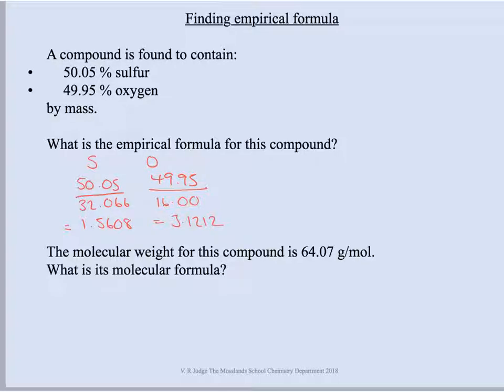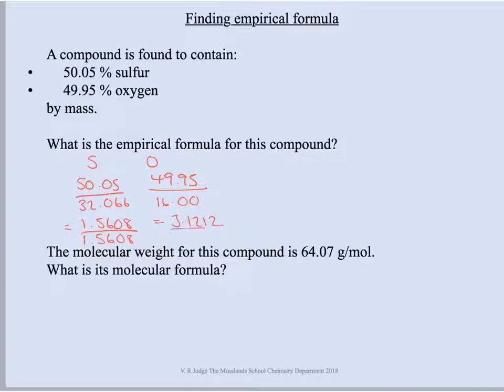The sulfur to oxygen ratio is 1.5608 to 3.1212, which isn't particularly helpful for writing a formula. So now we need to get it into whole number ratio, which will give us the empirical formula. So out of the two numbers that we've just calculated, you now need to divide by the smallest one. So the smallest one out of these two is the one for sulfur, so we're going to divide by the number we've just calculated for sulfur, which is 1.5608.